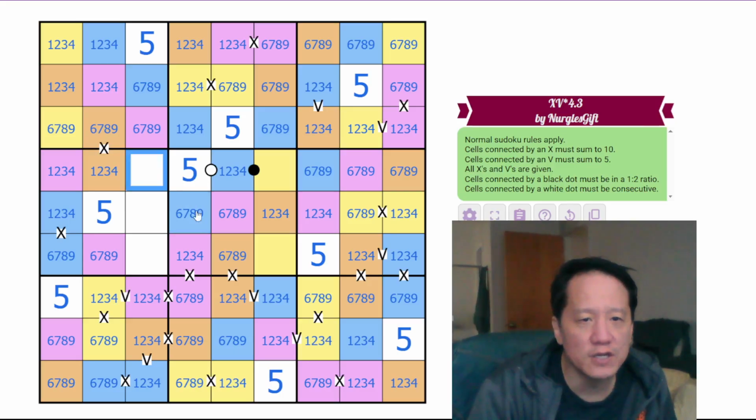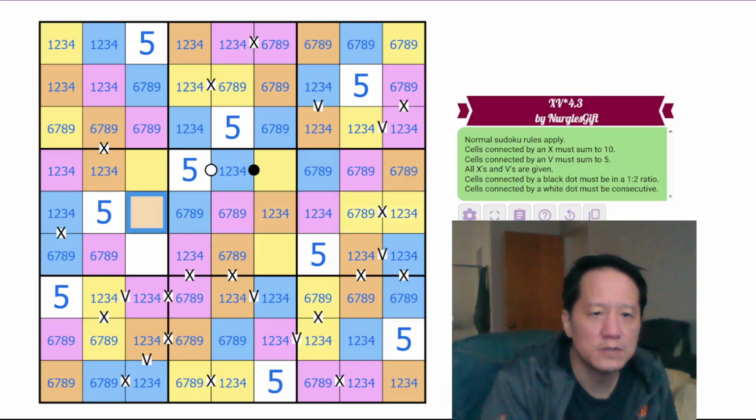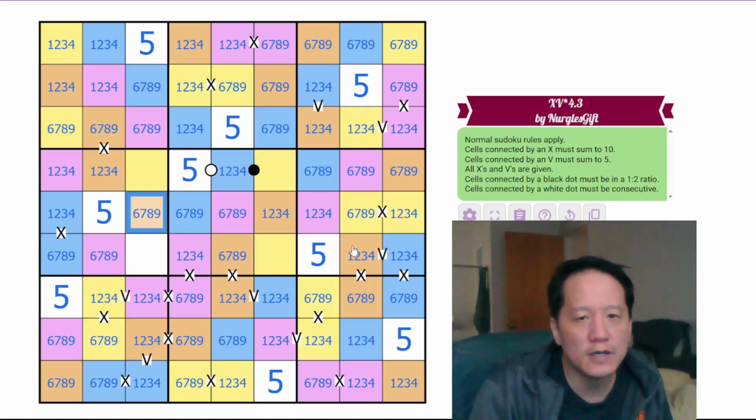Remaining digit in row 4 is a yellow, but we don't know which. Okay. Remaining digit in row 5 is high orange. And the remaining digit in row 6 is yellow.